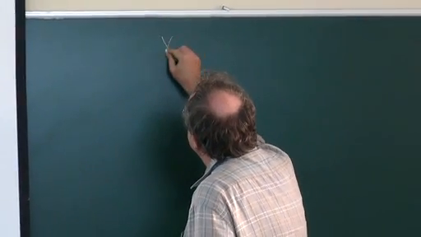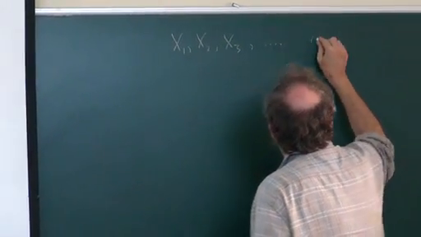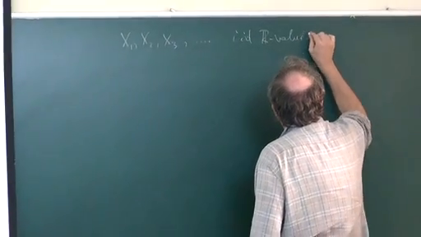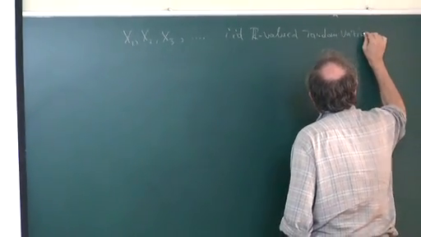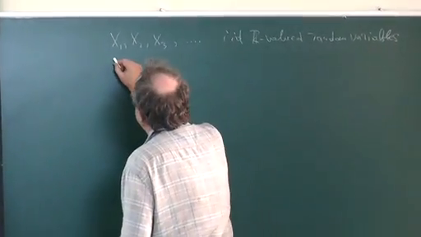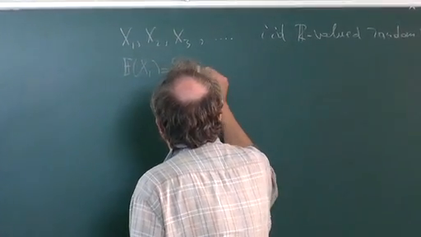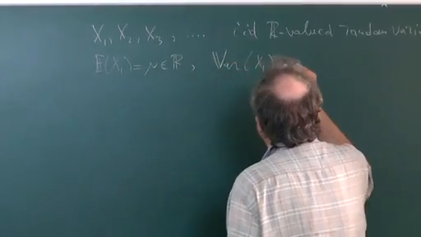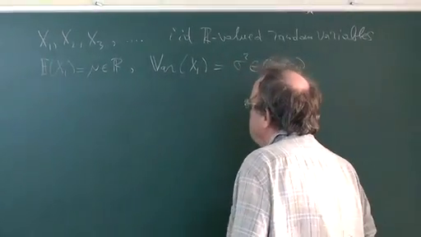If we are given a sequence of i.i.d. R-valued random variables, so a very classical setting, and suppose I say that the expectation of X1 is mu, and this can be any number in R, and the variance of X1 is sigma squared, and it's a number between 0 and infinity.